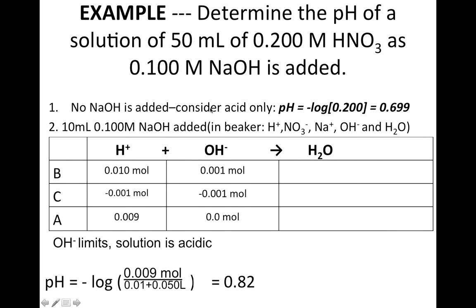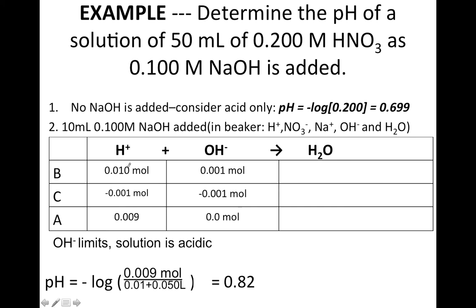Okay, so where did these numbers come from? Before any reaction happens, we have to figure out how many moles of each we have, because that's how we do limiting reactant problems. We got to figure out how many moles there are of each reactant and which one is limiting.